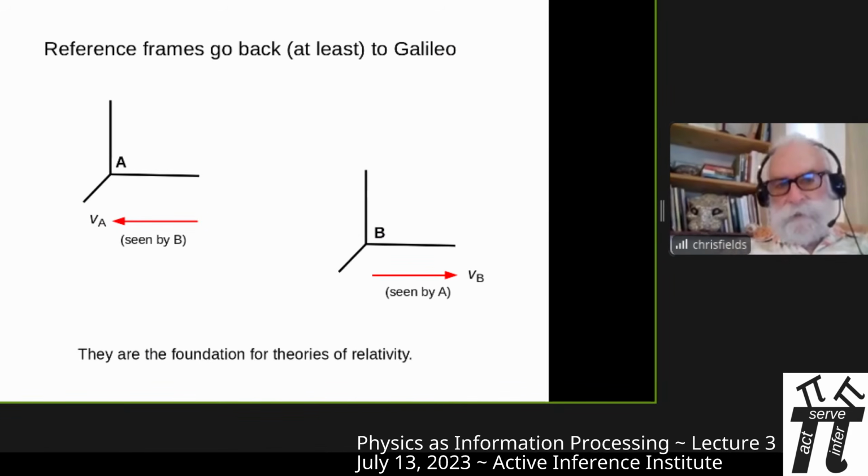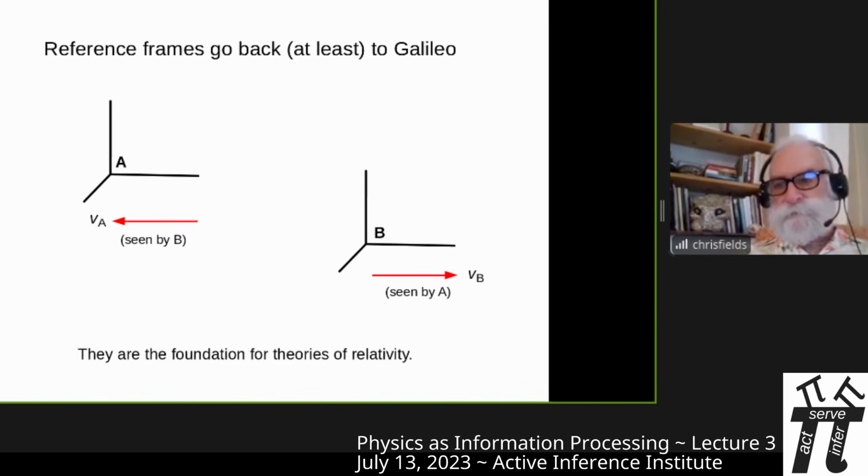The idea that physics involves reference frames goes back at least to Galileo, but was probably familiar well before that, just not formalized in the way that Galileo formalized it. So the key idea can be thought of in terms of motion, and you're all familiar, for example, with riding a bicycle or driving a car and seeing the world as if it's passing by you with some velocity.